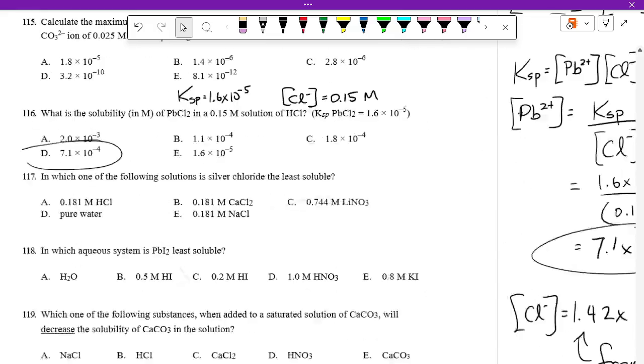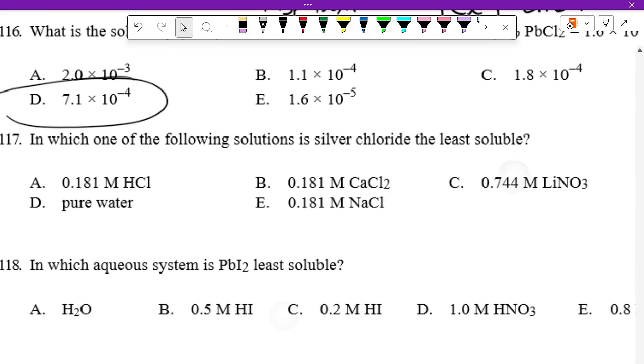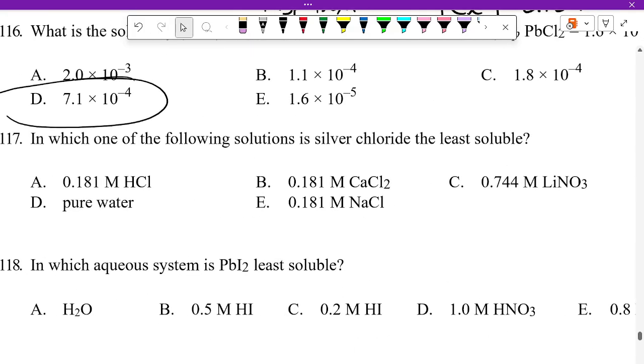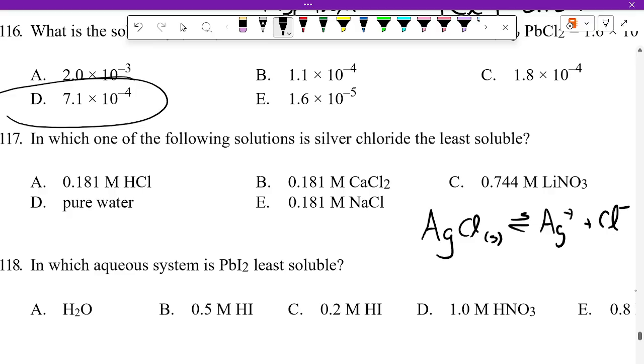In which of the following solutions is silver chloride the least soluble? So we have AgCl in equilibrium with Ag+ and Cl-. And this gives us chloride. This gives us chloride.